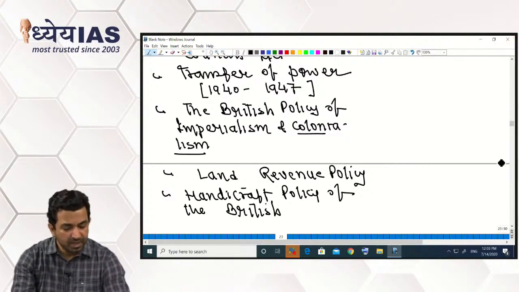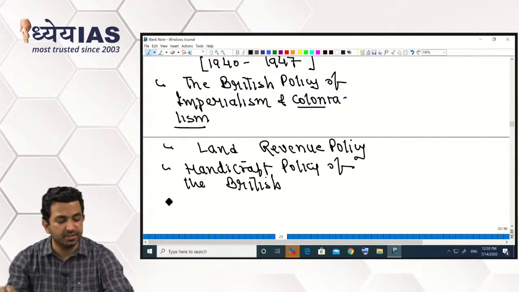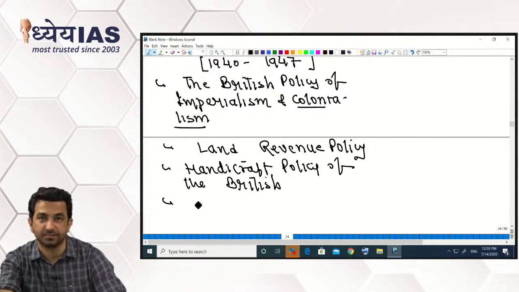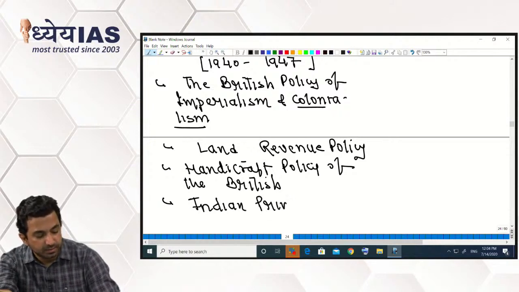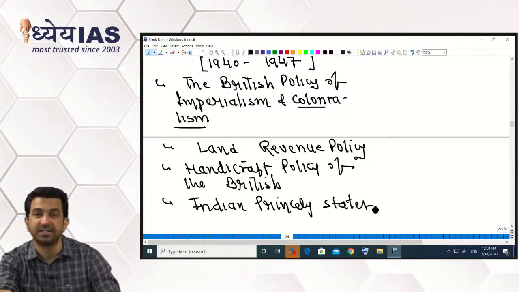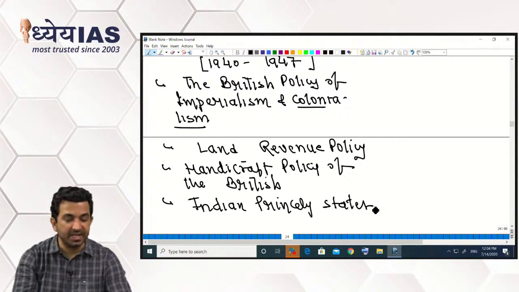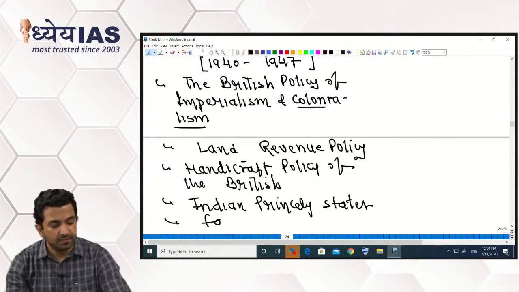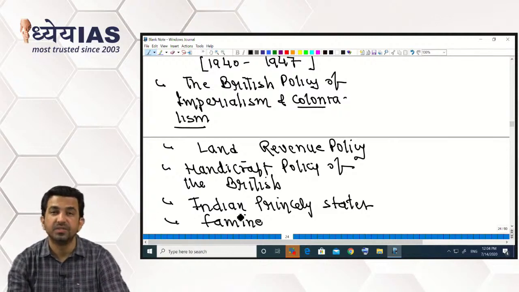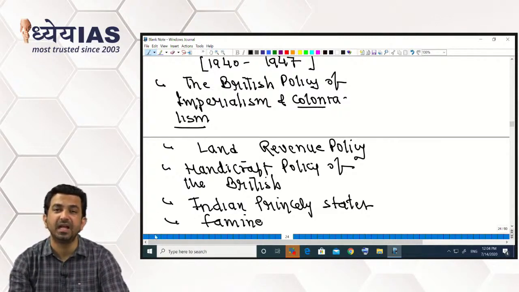like also their policy towards the riyasats, Indian policy towards Indian princely states, and also their famine policy, severe and acute food shortage, akal.